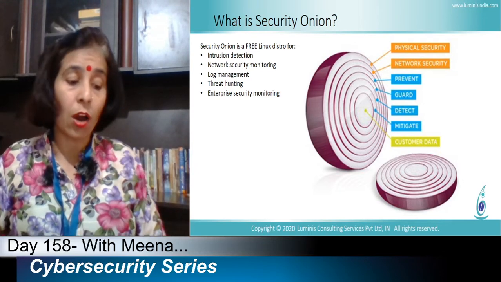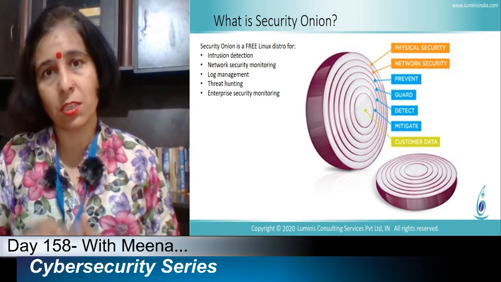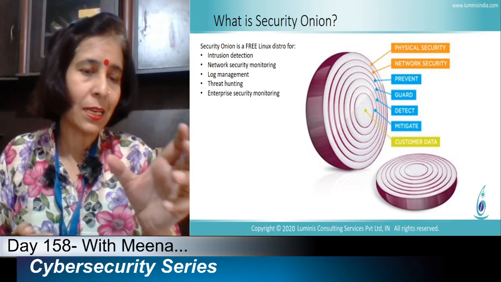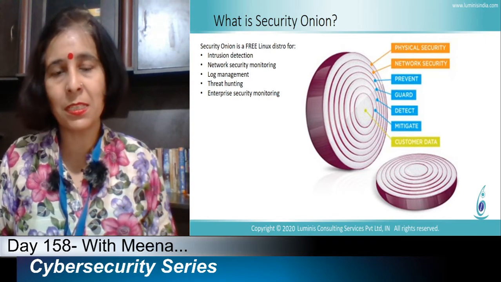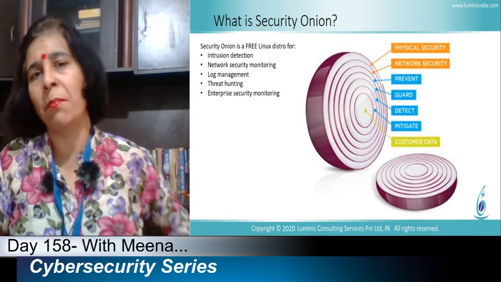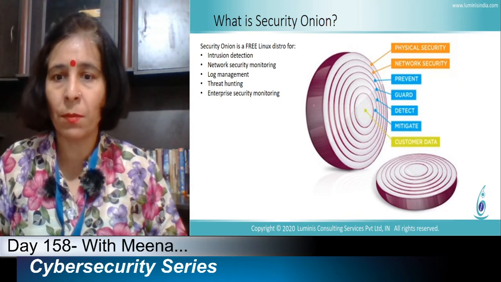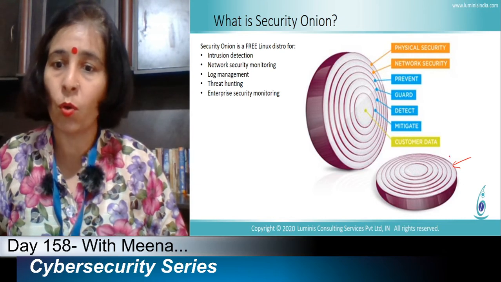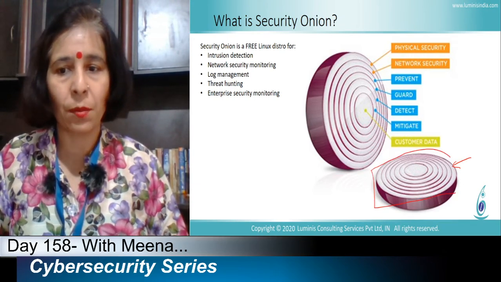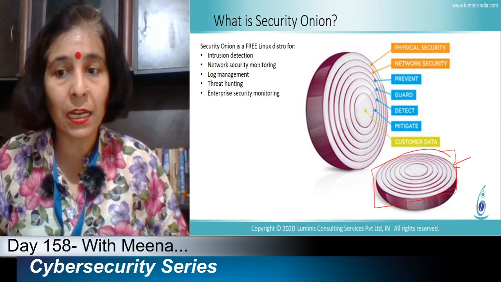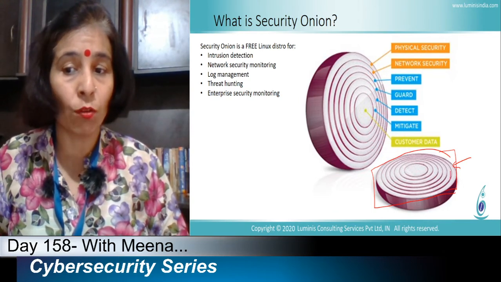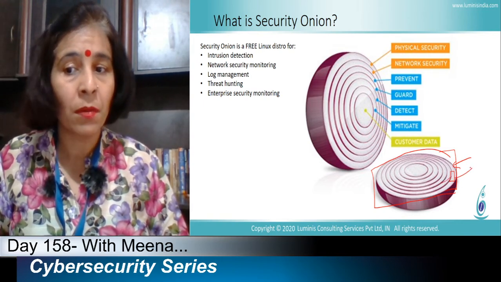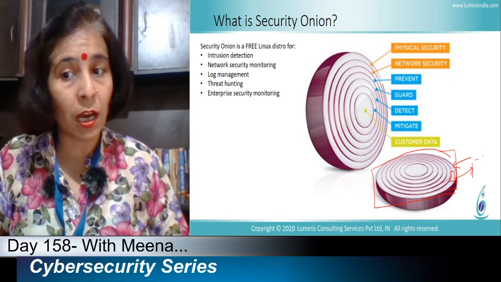Another thing when we talk about network security monitoring is threat hunting. If we find some malicious traffic, for example, this is the enterprise network with different layers of security implemented, and it entered and affected one part of our systems, and then it downloaded some files from the internet.